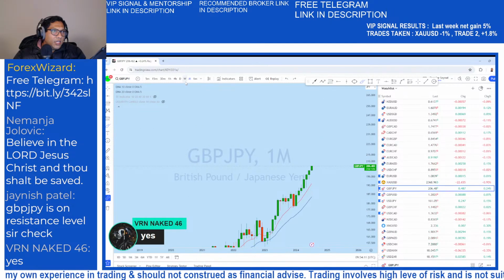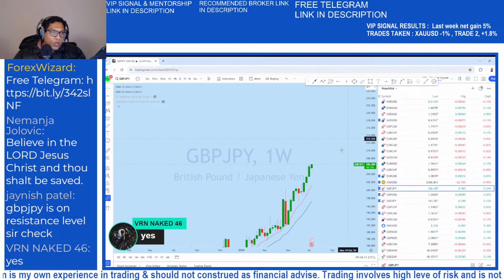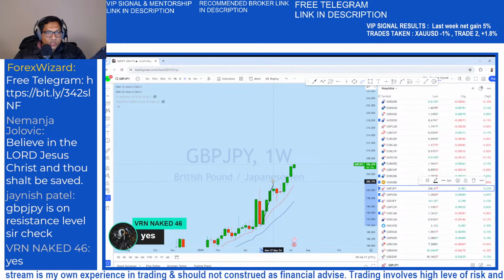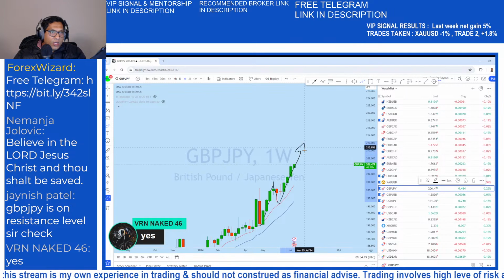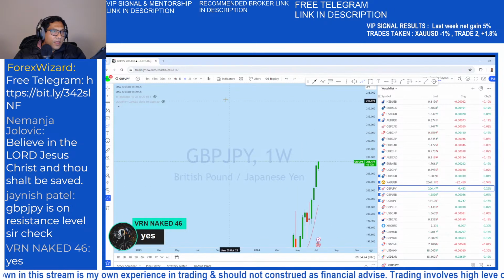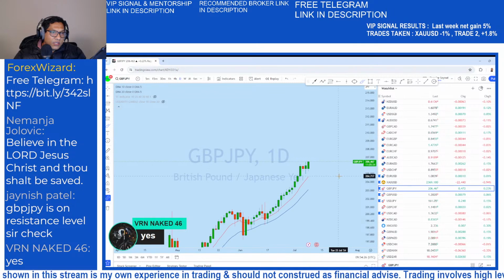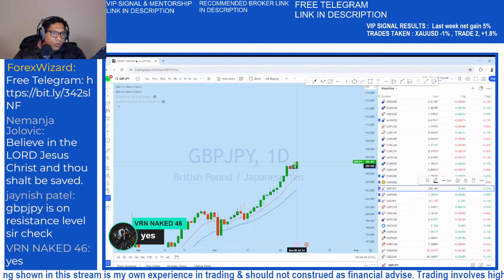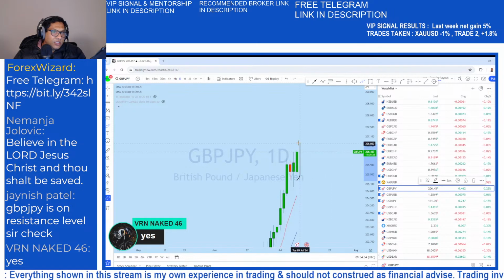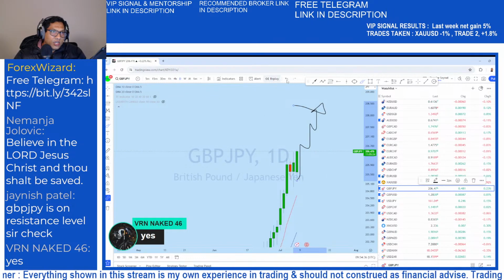Now looking at the weekly chart, we can see that this is also a very strong bullish market structure followed by a correction, and the market is trending again. Now looking at the daily chart, there is a daily bullish engulfer. We can see a long wick on both sides on the daily, expecting GJ to trend in that direction.